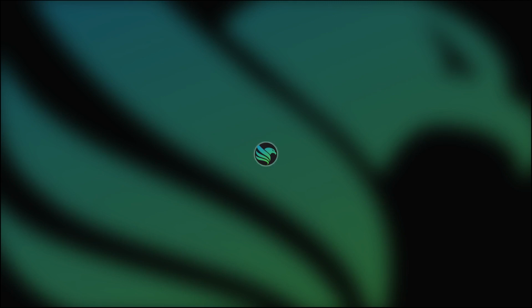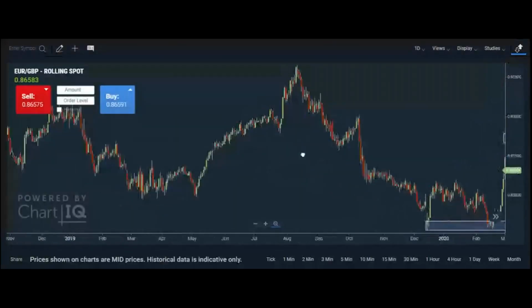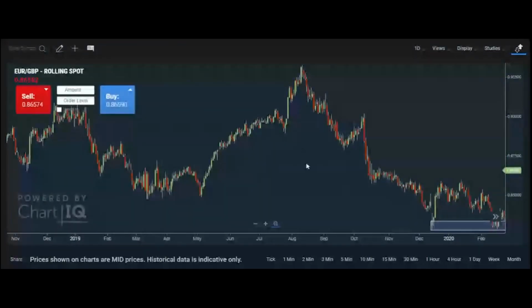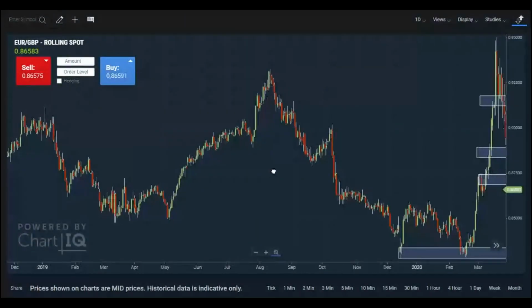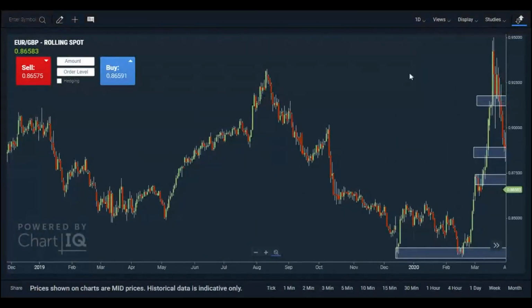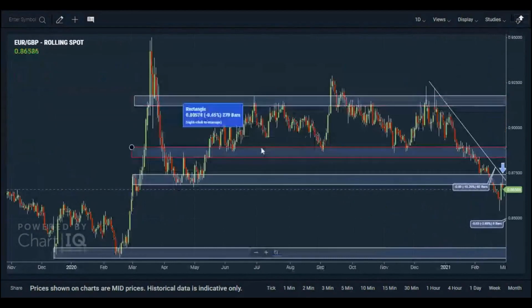Okay, I'm sharing another screen now. Can you see my screen? If you can see my screen, please do drop something in the chat box.